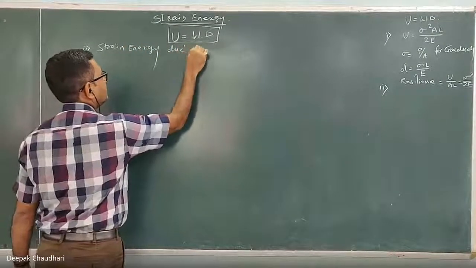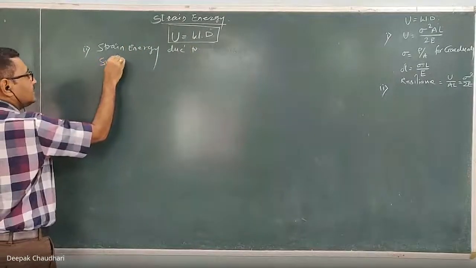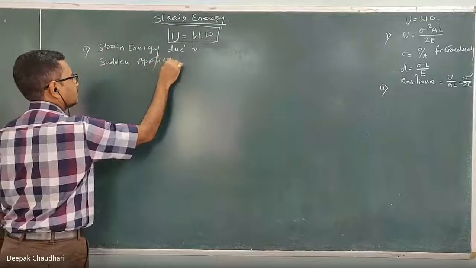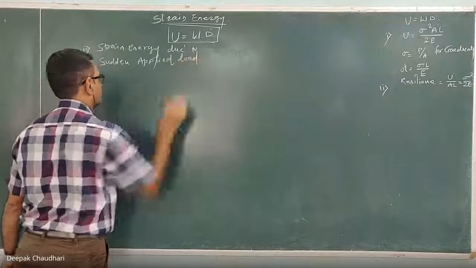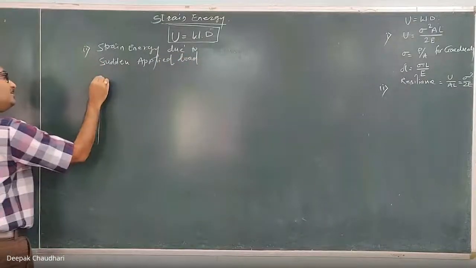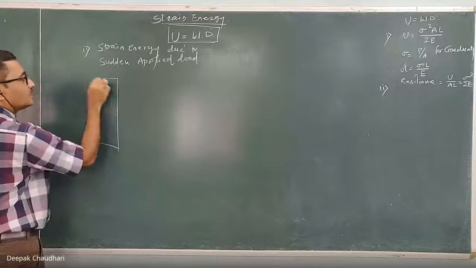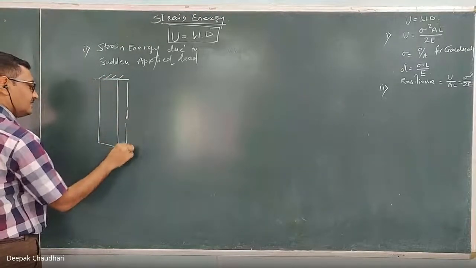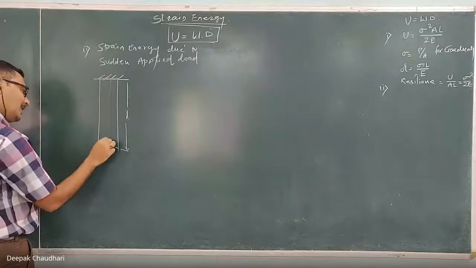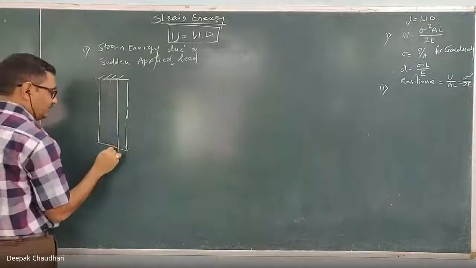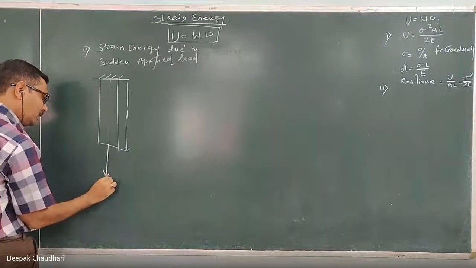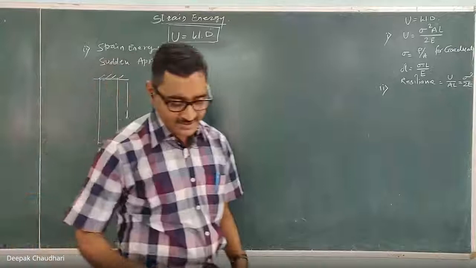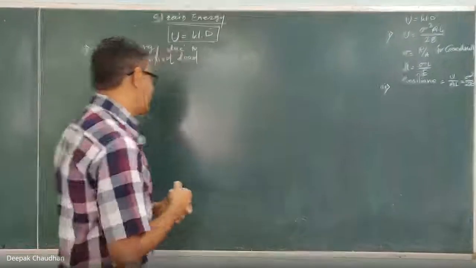Let's consider the same slender rod of cross-sectional area A and length L. The applied load is axial only, but this applied load is a sudden applied load. The entire magnitude of P is applied suddenly, so it is known as a sudden applied load.